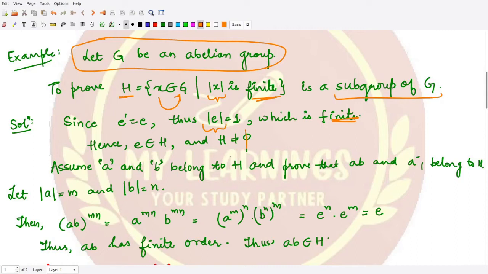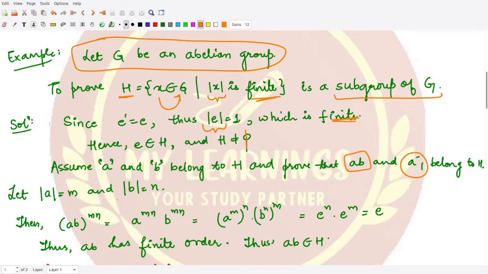Next we assume that the elements A and B are present in the set H. In this case we will prove that the product AB is present in H, and that A inverse is also present in H. This is what we will be proving here.